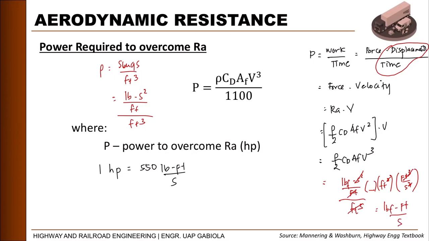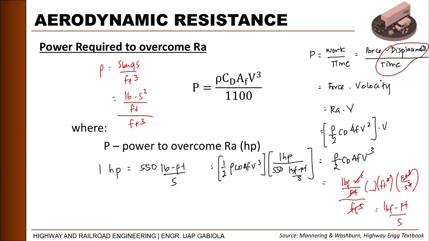Okay? So kung naka-ganoon na siya, kung ico-convert natin to HP, okay? May 2 pa sa ilalim, ano? So, 1/2 nung rho, C, D, A, F, V cube na ang unit is in pound feet per second. So, para maging HP, that is 1 HP all over 550 pound force feet per second.